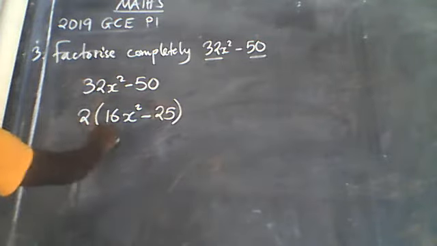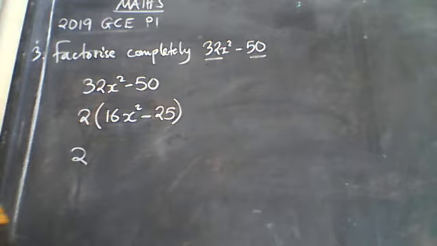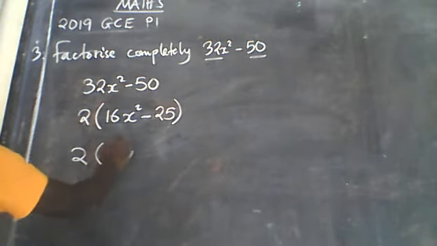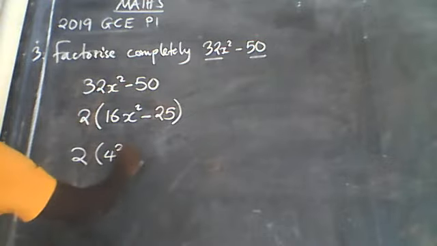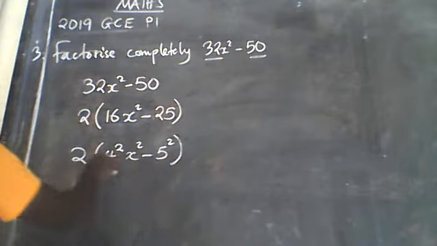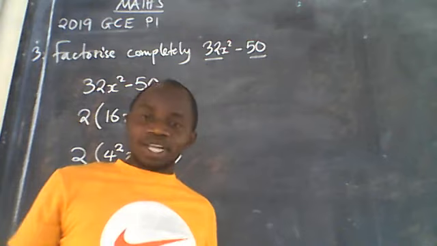So now we express everything here in square form. I'll write the 2 here the way it is, and then I'll have 16 in square form. That will be 4 squared. You see? Then x is already squared, minus 25 will be 5 squared. Everything in brackets is now in square form.